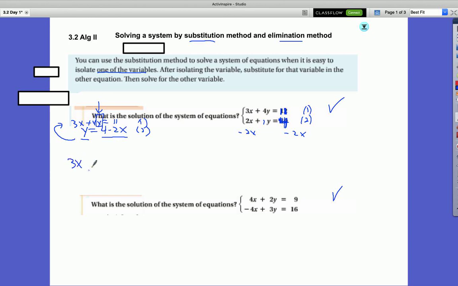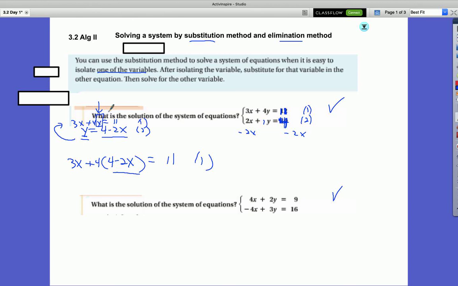So 3x from the first equation plus 4 times y. I want to take out the y and plug in an expression of x that's equal to y. Here's the first equation with the second subbed into it: 3x plus 4 times 4 minus 2x equals 11.